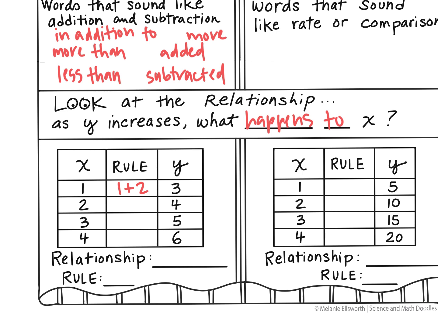My rule for the next one is I'm adding 2 again. So I'm adding 2 each time. So my relationship is considered additive. My rule, plus 2. What are you doing to get from x to y? I'm adding 2 each time. That is my rule, add 2.